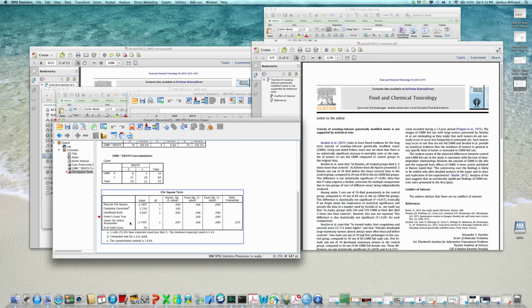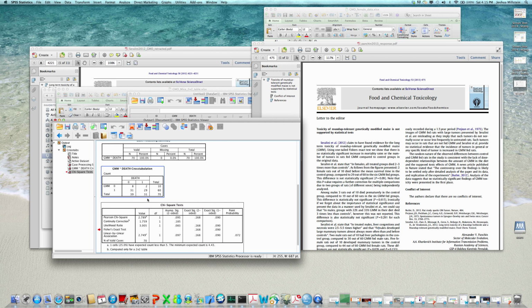Also, in the table, we see the Pearson chi-square with the Yates continuity correction, and it's presented both one-sided and two-sided. And the results are essentially the same here.